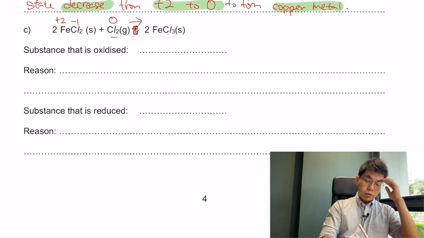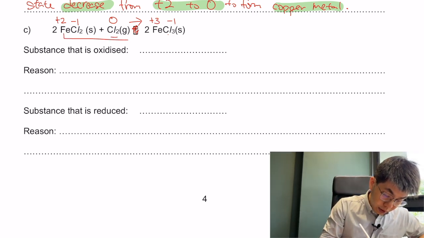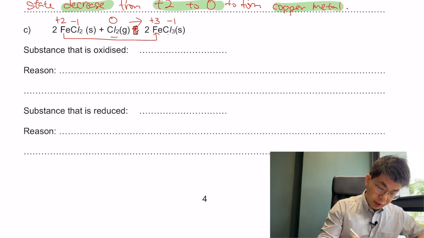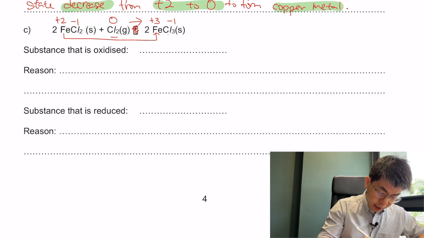The Cl here is -1, and because there are 3 of them, the Fe here is +3. So we can tell that the Fe increased from +2 to +3. But the Cl that changed is not the Cl from here. It is the Cl from the chlorine gas, not from the FeCl2. It's the Cl from the chlorine gas that went from 0 to -1.